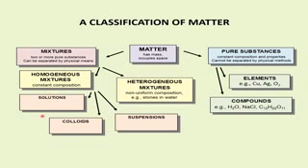And we'll deal with each of these in some detail, but by way of introduction, let me just say here that an example of a solution might include seawater or air or dental amalgams. An example of a colloid includes such things as milk or smog or clouds. And examples of suspensions would include, say, muddy water and even a dust storm.